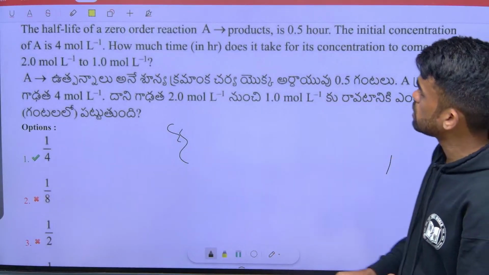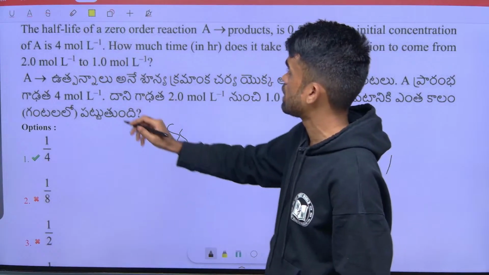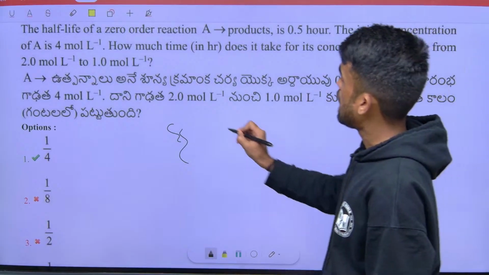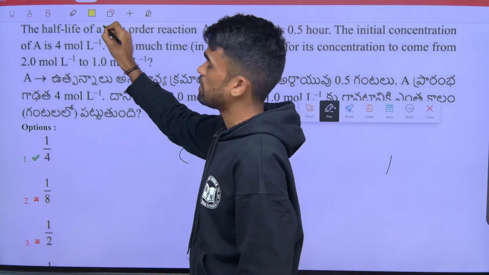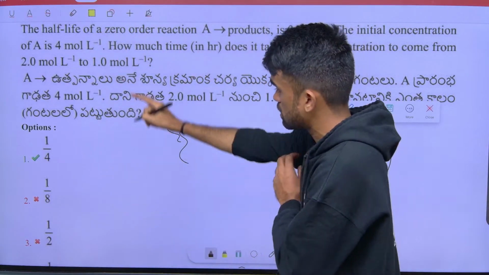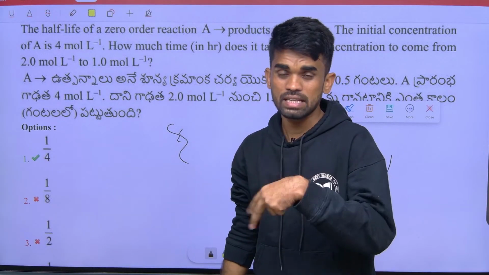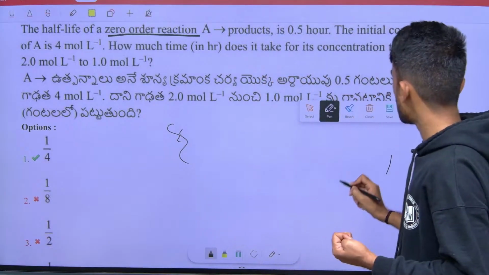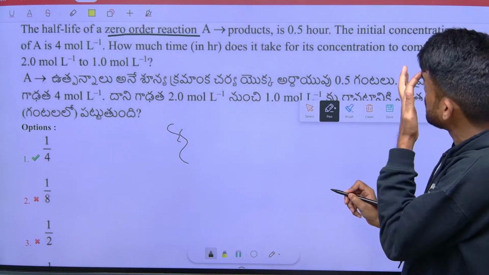Yes. So look into this question, the half-life of a zero order reaction. In the last class, we took that as a first order, so we were unable to solve that question exactly, because we got the answer as 2 for the first order, but they are asking for zero order. So what is the answer here?